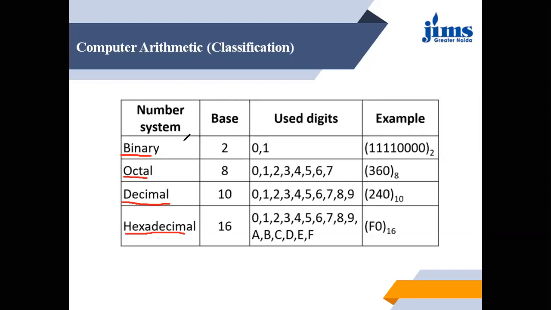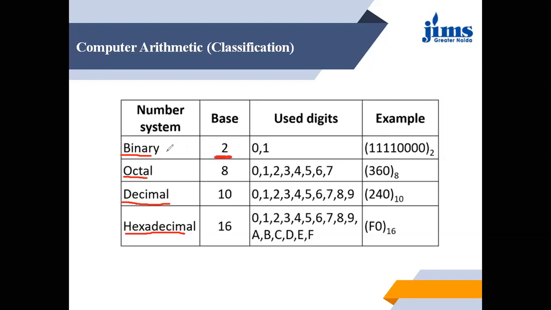And second, the base tells how many different digits we have in that number.